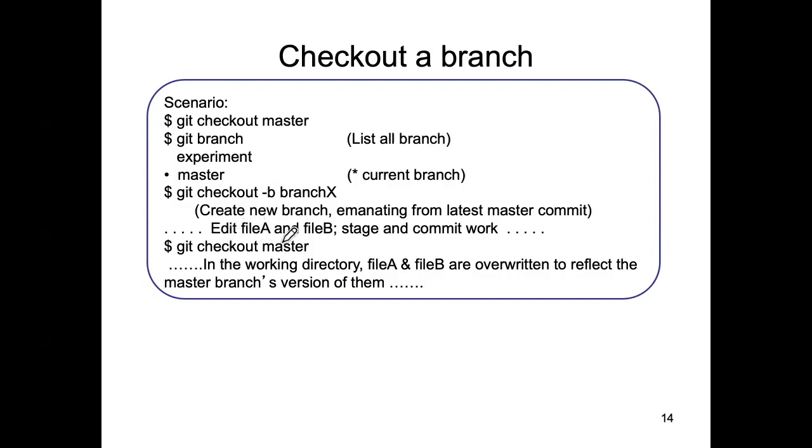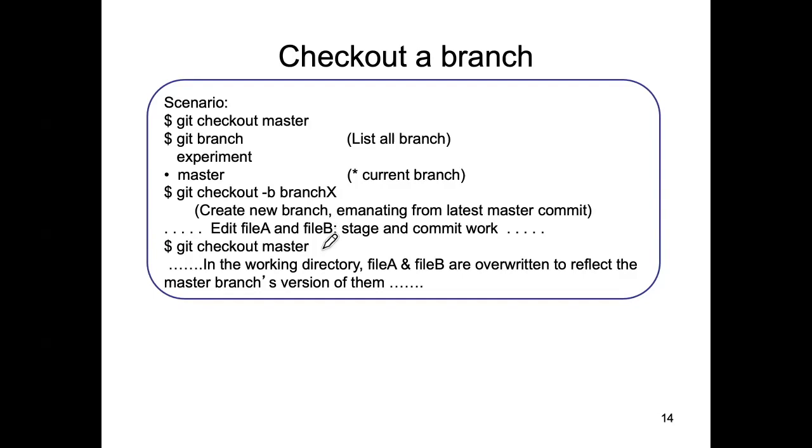I'm going to switch back to the master branch. But by switching back to the master branch, it's going to overwrite my working directory, which in this particular scenario means if I look at file A or file B in my working directory, then they won't have the edits that I've just performed, because I committed these edits to a different branch, to branch X, and I switch back to master, so they won't be there.